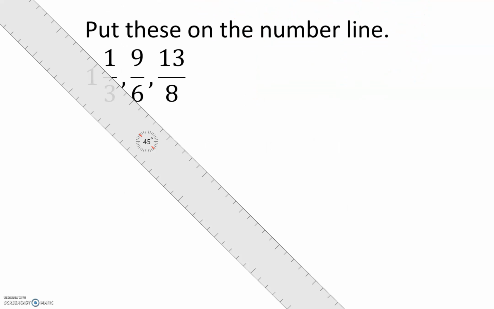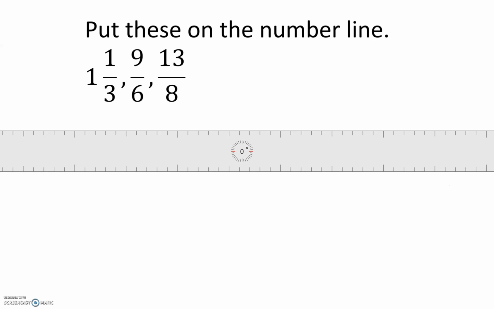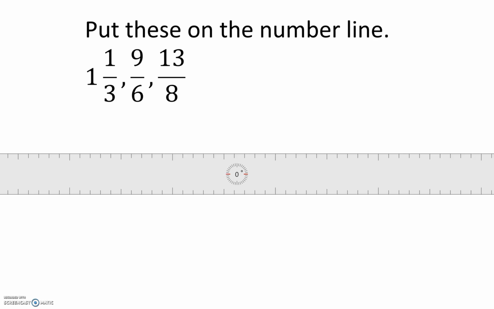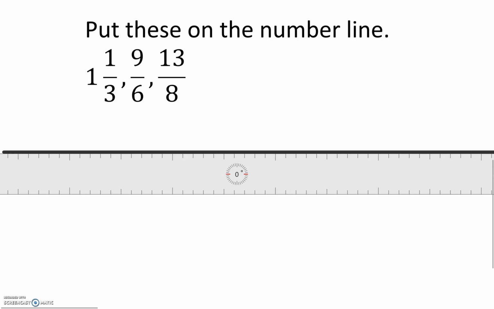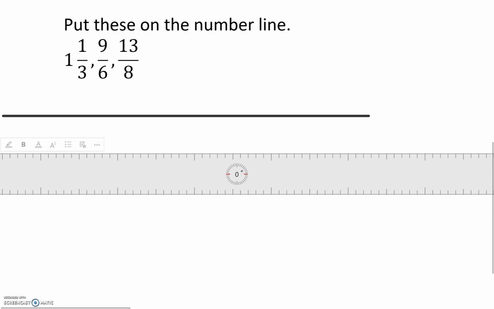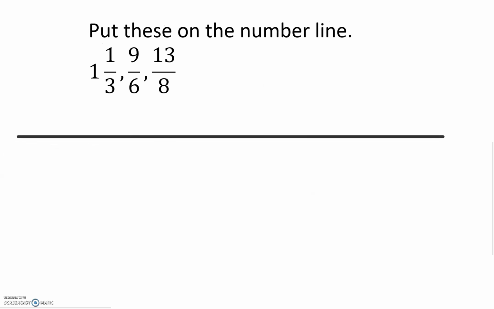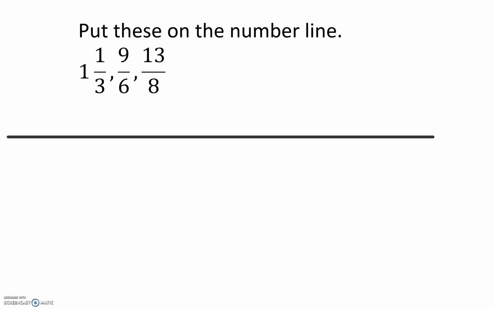Okay, let's look at this next part. Let's put these on a number line. So first of all, I want to draw a number line. Let's stick with black. Very legit number line. Okay, so let's go from 0. Let's go to 1.